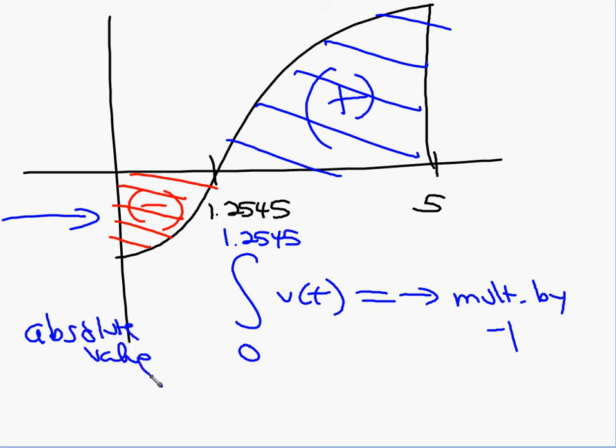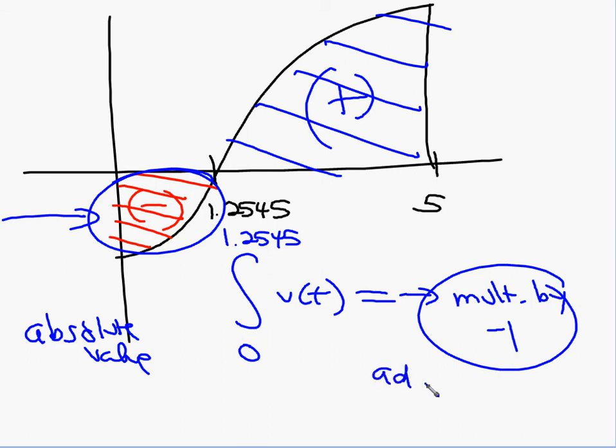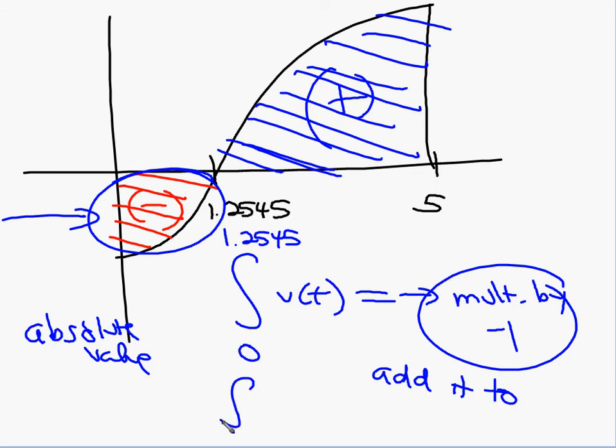Whatever I get for the integral of this part, I multiply it by -1, and then I would add it to the integral of this part over here. So I would add it to the integral from 1.2545 to 5 of the velocity function. And that would give me my final answer.